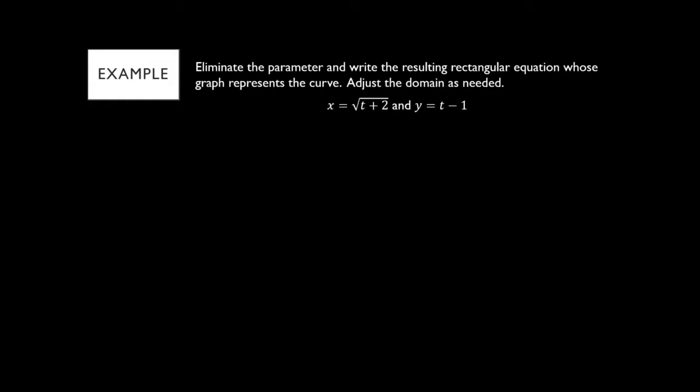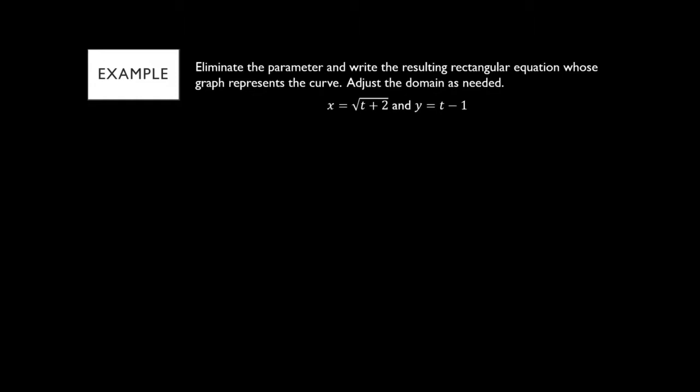Generally, if there's something with a square root, we'll use that one because we don't really like square roots in our equations. They're harder to work with. So if we solve the one with the square root, we'd be squaring both sides, no more square roots.